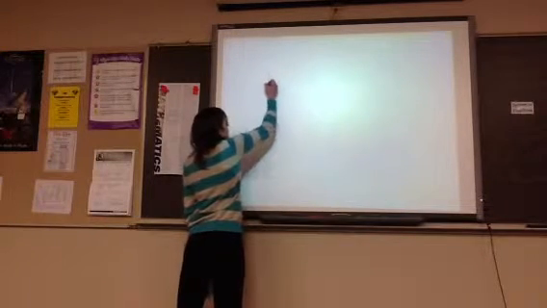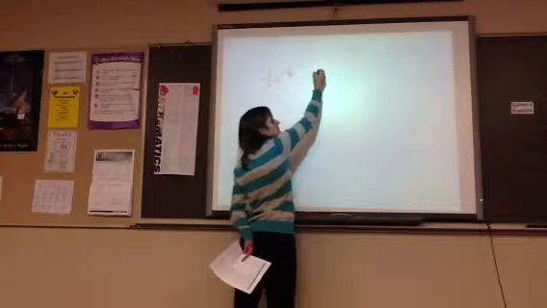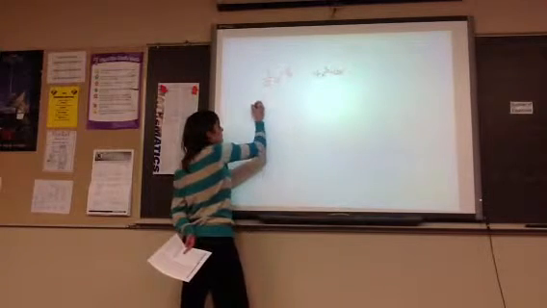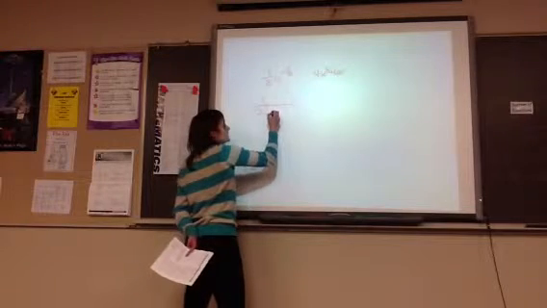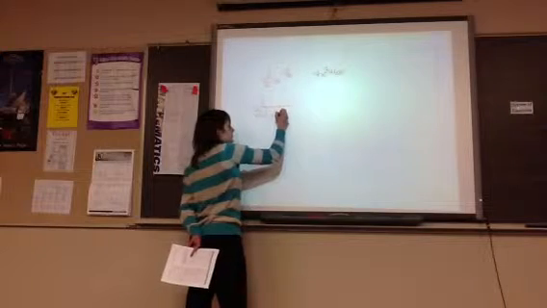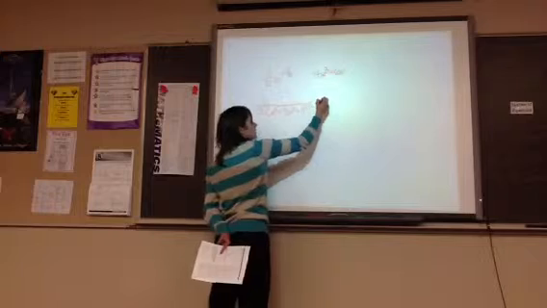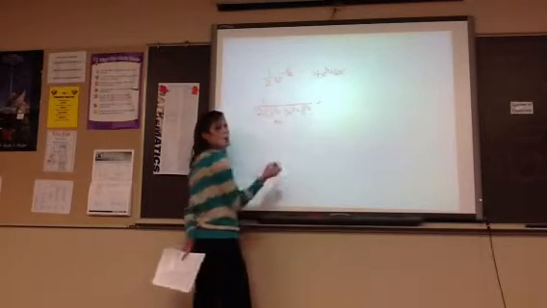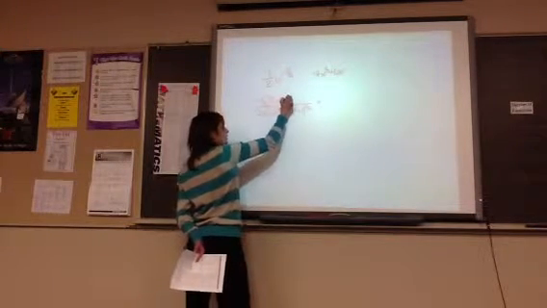So 1/2 u to the negative half, and what was the other one? 4x cubed plus 6x. Okay, so we're going to put in u. So we have 1/2 times that, correct? Can I put that on top? Okay. Well, hopefully that won't confuse you if I put it on top.